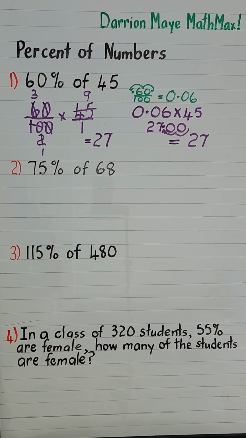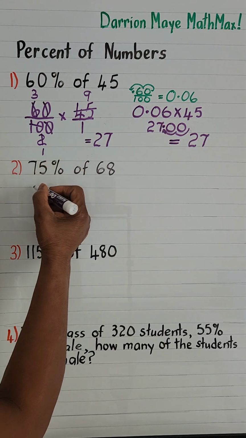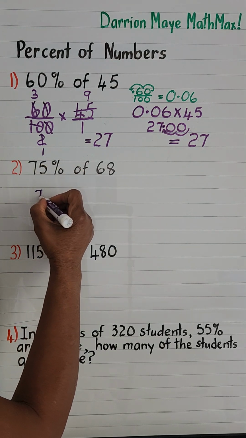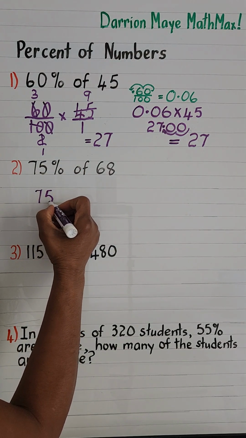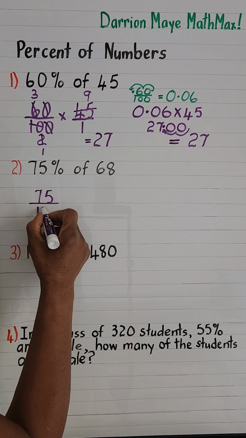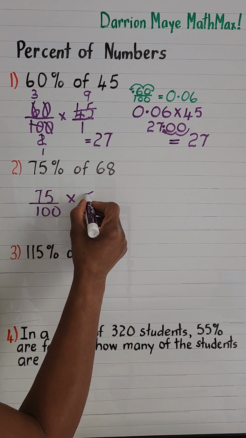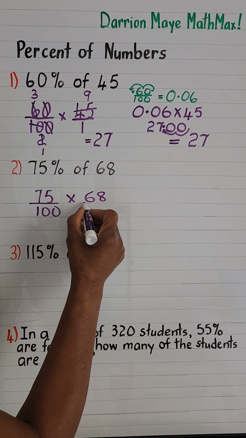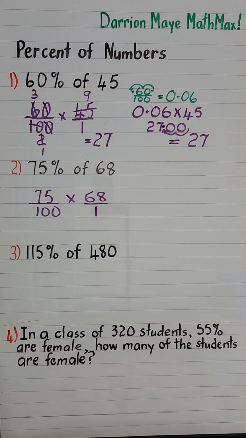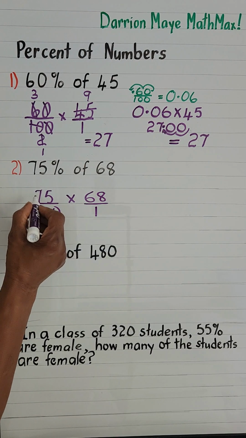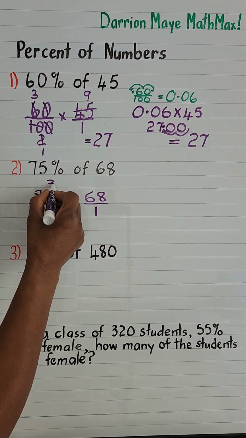Now let's move on to example number 2, 75% of 68. As a fraction, 75 over 100. Of means multiply. 68 over 1. Cross multiply. You can divide both 75 and 100 by 25. And this is 3 times.